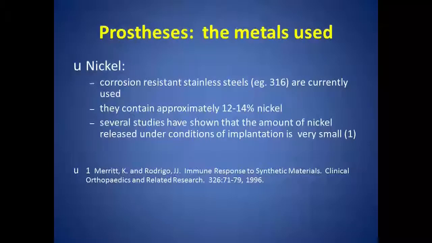So I think it's one of those rare situations where there is release of metal from the prosthesis, and you have to have a strong positive reaction, and persistent dermatitis at the site that doesn't really go away despite lots of medical treatment.